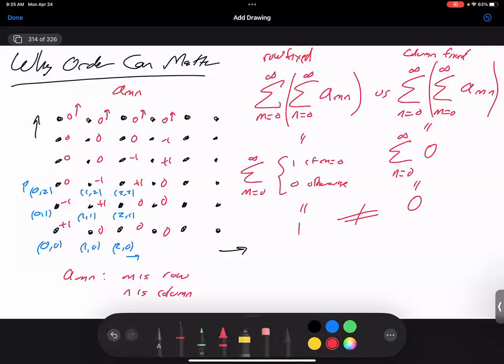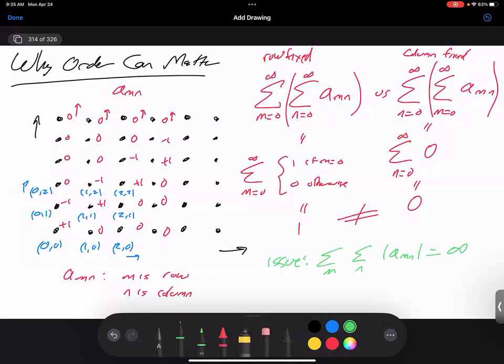I'll explain in a moment how you can have a continuous version of this. The issue is that the sum over m, the sum over n of the absolute value of a_mn equals infinity. That's what is actually causing the problem. There are two infinities going on in this problem.